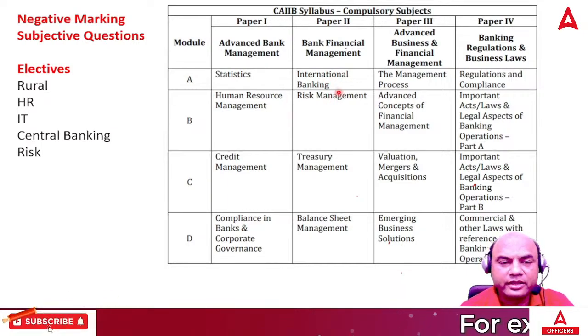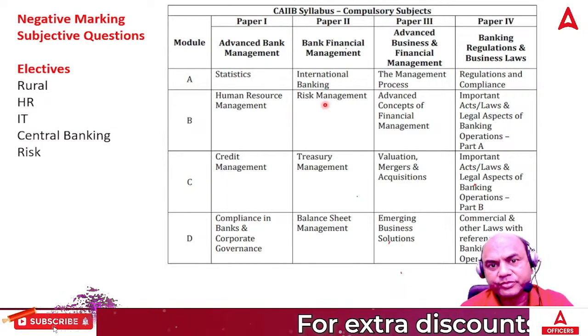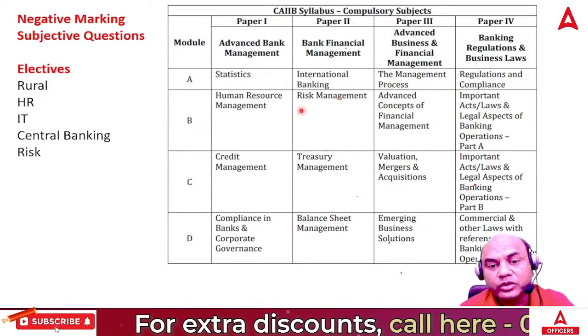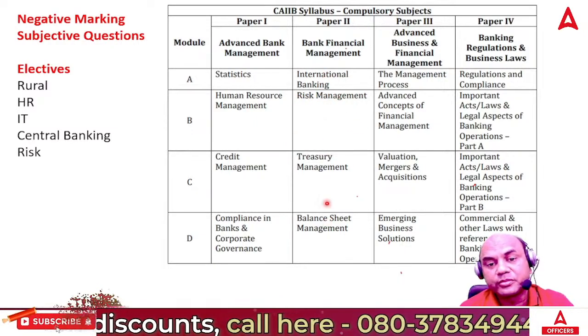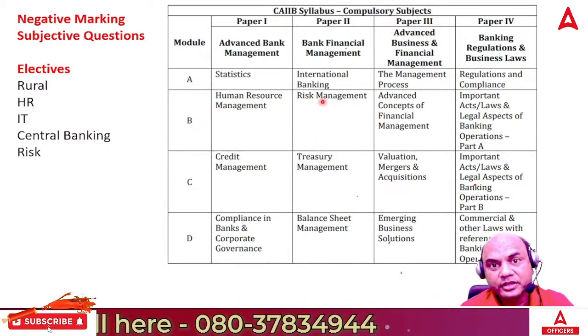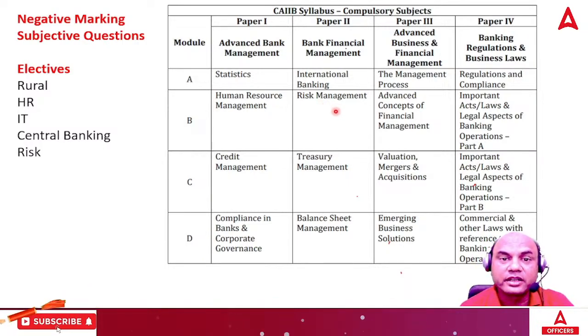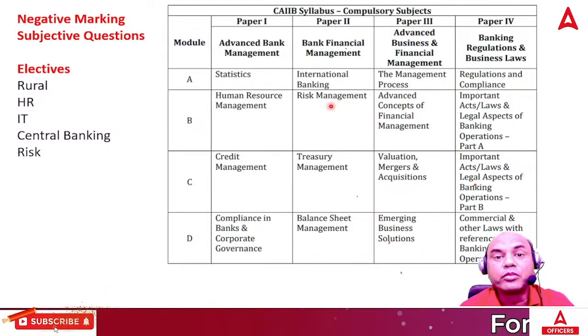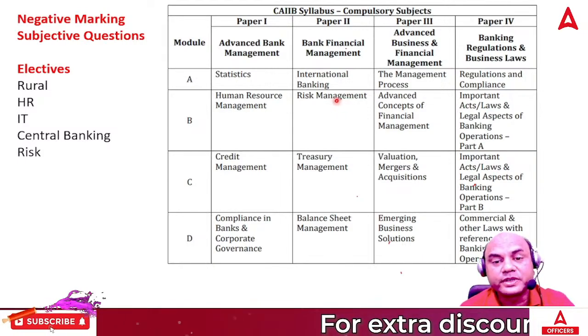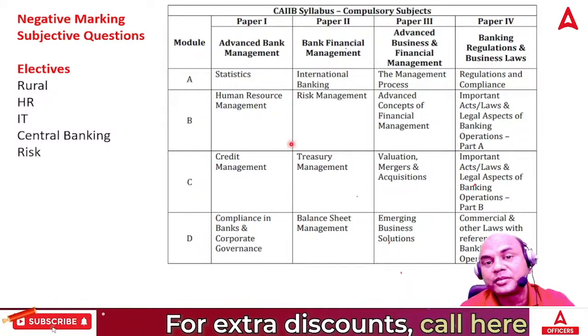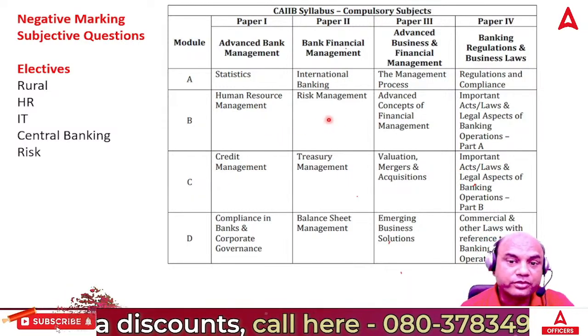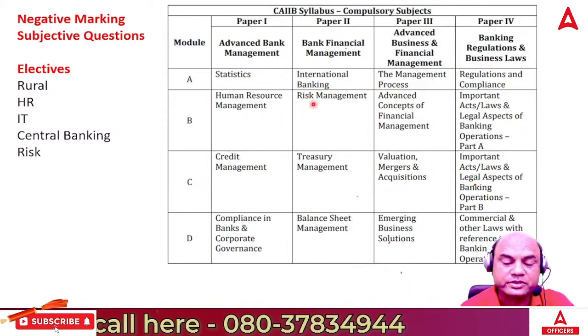Even module B, risk management, is very tough. This is the lengthiest module in BFM. One single chapter in this, risk regulations, is the most difficult and toughest chapter in the entire CAIIB. It is so tough. So module B is the toughest one.